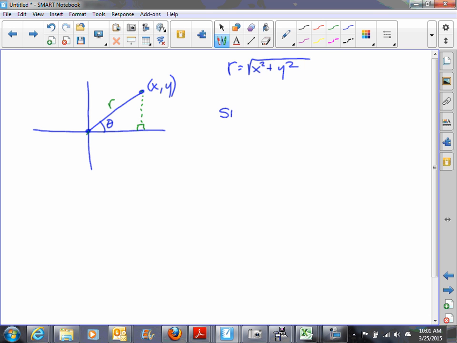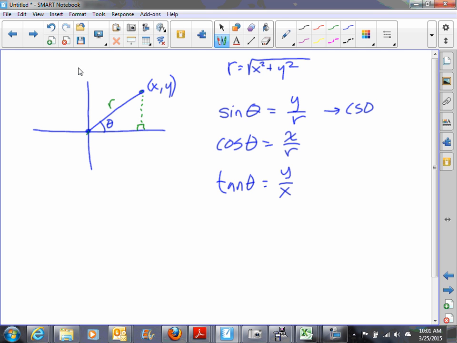The sine of this angle theta is going to be y over r. The cosine of this angle is going to be x over r, and the tangent of theta is going to be y over x. Now, remember, the reciprocal function of the sine of theta was the cosecant of theta.